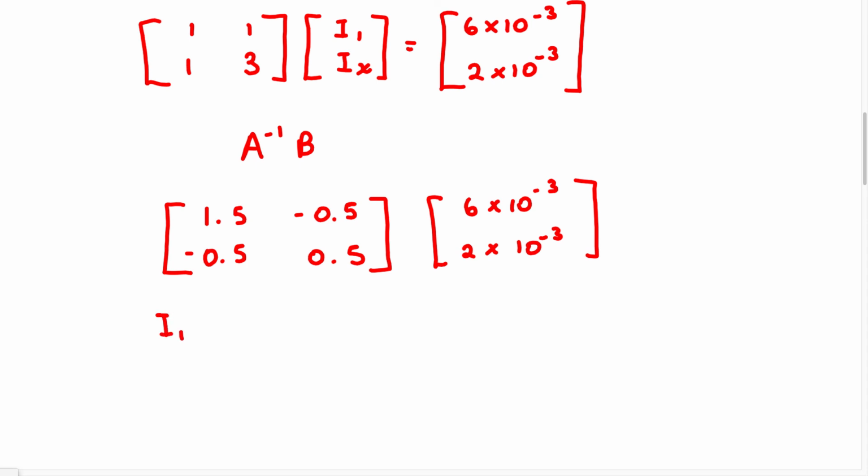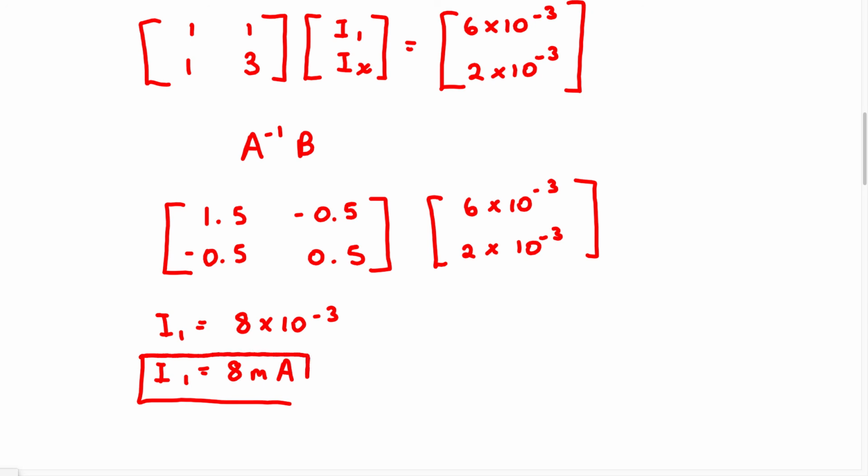I1 therefore equals 8 times 10 to the minus 3, which we can write as I1 equals 8 milliamp. So this is the value of I1. And IX is going to be negative 2 times 10 to the minus 3, which we know is just going to be IX equals negative 2 milliamps.